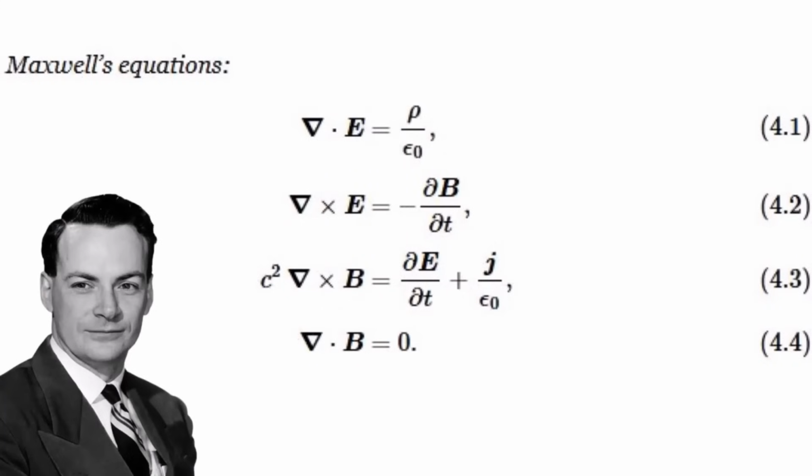But how did Feynman justify changing what are considered some of the most fundamental equations in physics in his textbook? He didn't give any explanation. He just stated it like it was a fact. Well, that's not completely true. He did mention a bit about changing the equations in the introduction to his textbook.